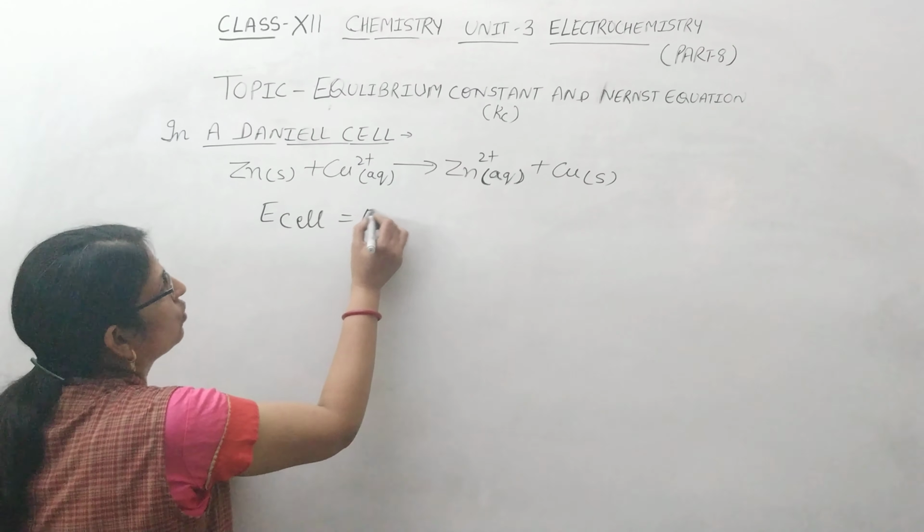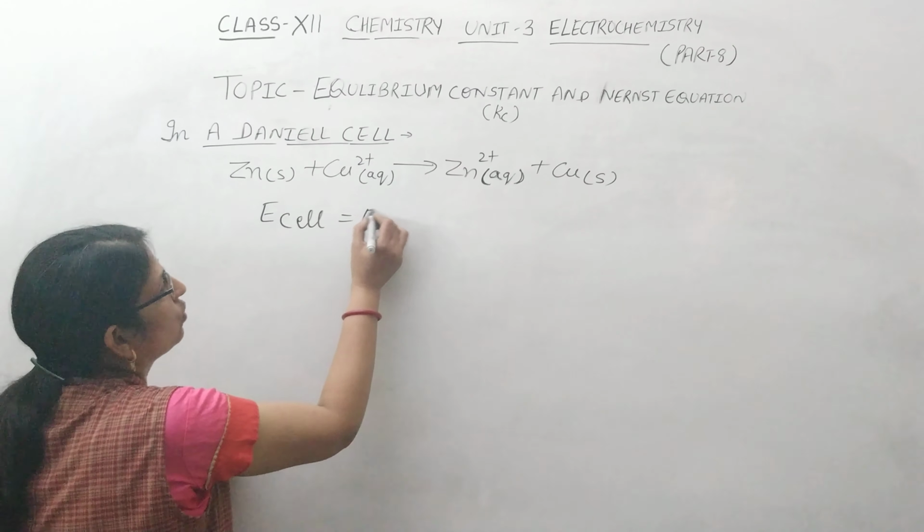So in the above equation, in place of Zn2+ over Cu2+, we can write Kc. Now apply Kc. This is equation first, equation second. Apply the value of Kc in equation first.